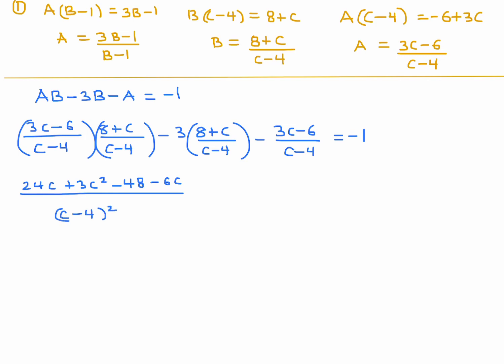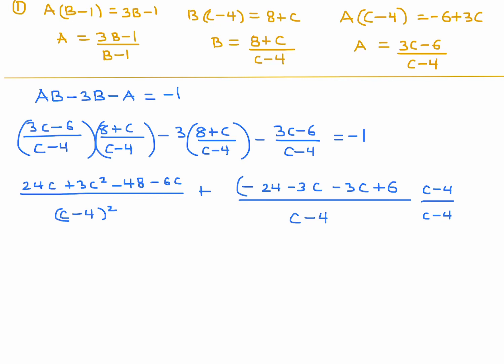And then this guy over here, on this side, we will have, let's see here, 6 minus 24 minus 3c, and then we have minus 3c plus 6, and that's all over c minus 4. But I want to get a common denominator, so I have to multiply top and bottom by c minus 4, and this is of course negative 1.